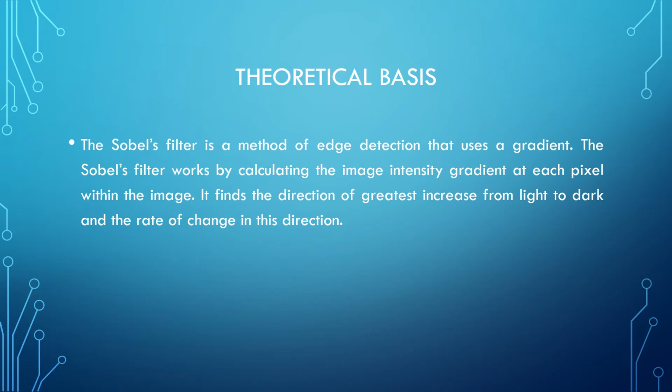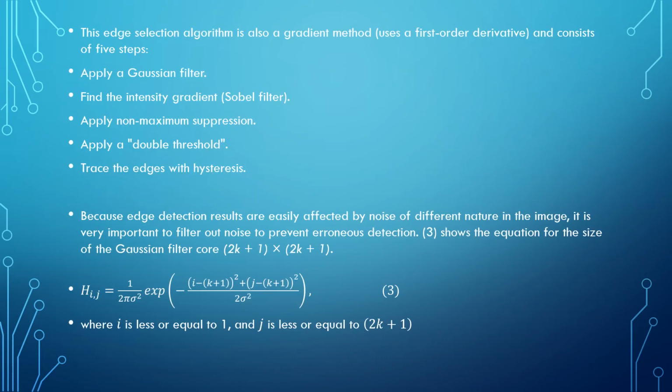The Sobel filter is a method of edge detection that uses gradients. The Sobel filter works by calculating the image intensity gradient at each pixel within the image. It finds the directions of greatest increase from light to dark and the rate of change in these directions.